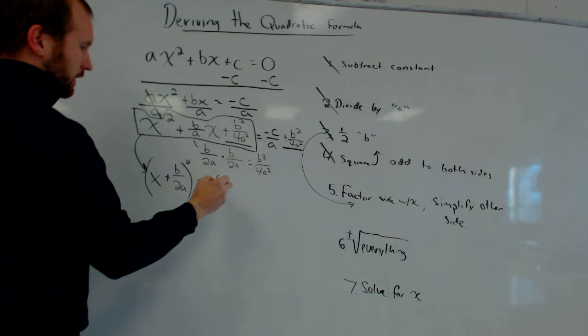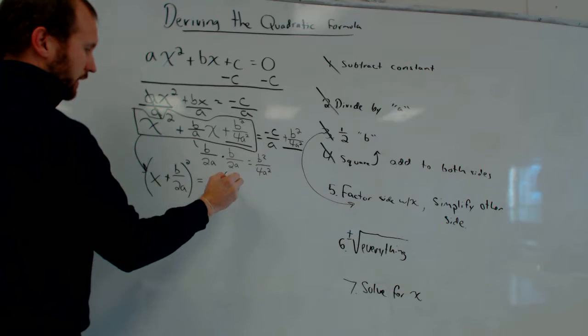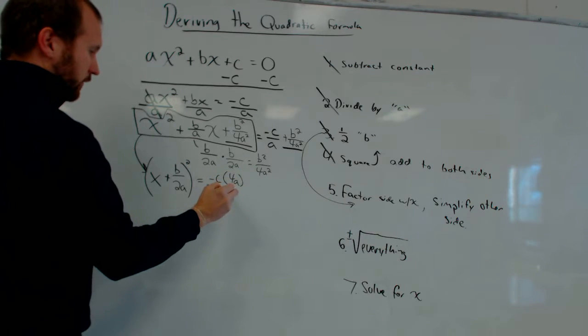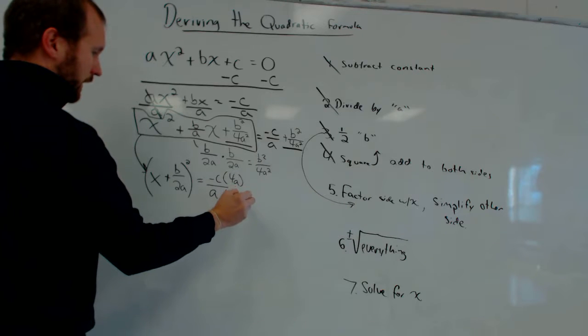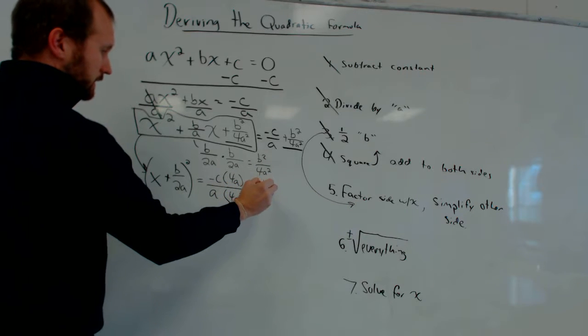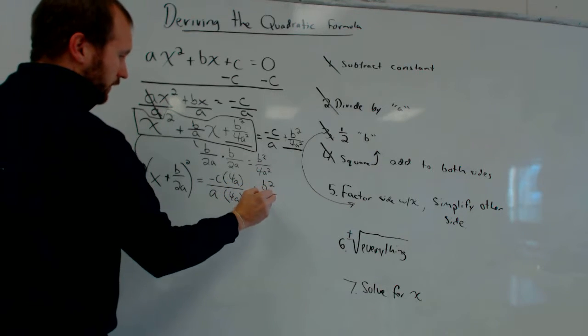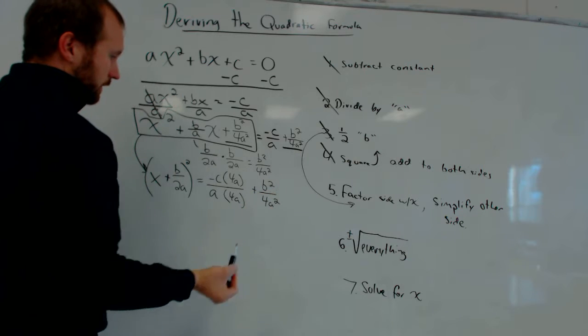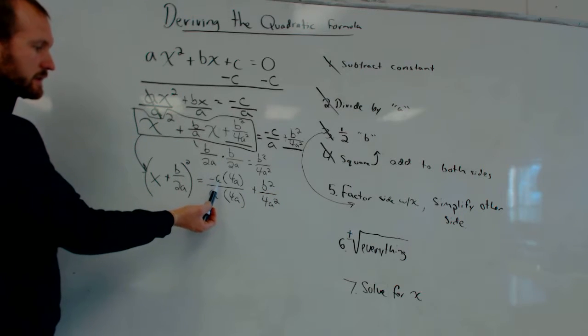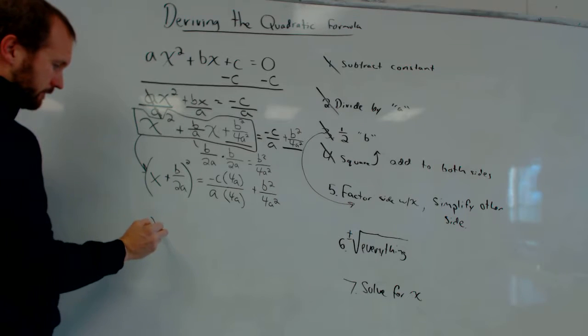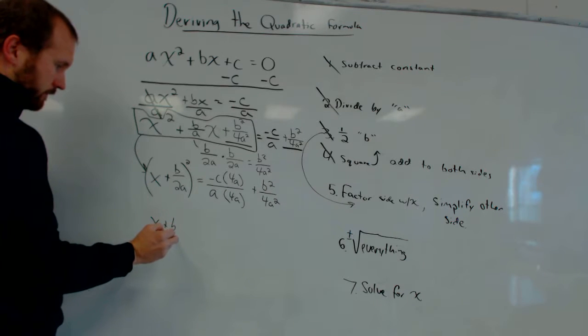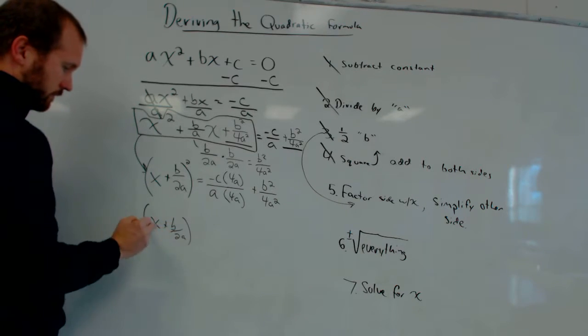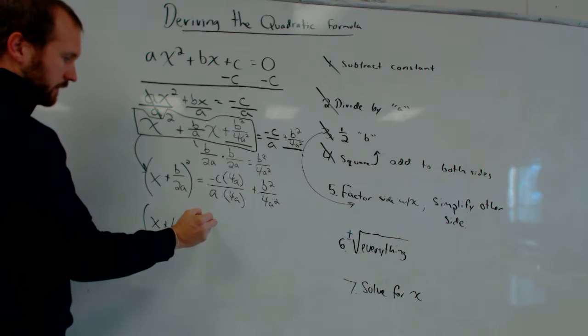So I'm going to do that. So negative c over a times 4a over 4a plus b squared over 4a squared. Okay, so negative c times 4a is negative.